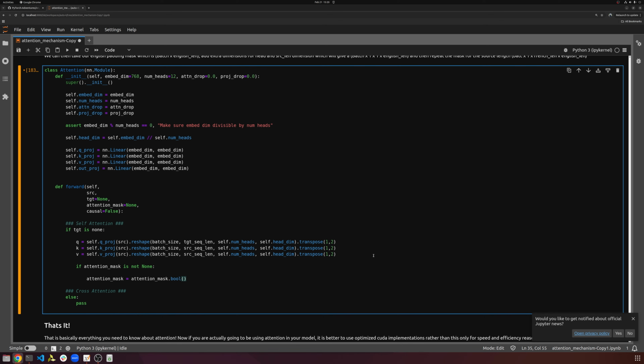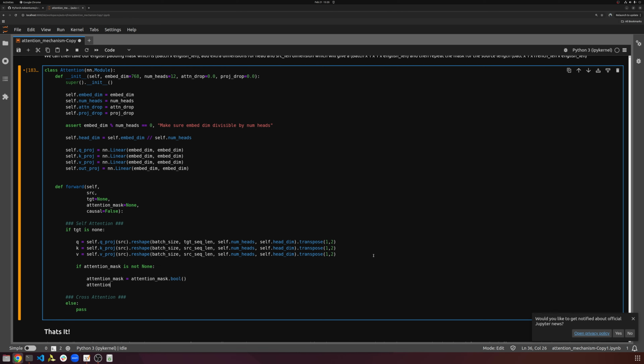I'm again assuming, we'll actually look at the documentation in just a bit. But just like before, we need to do attention mask is equal to attention mask dot unsqueeze 1 dot unsqueeze 1 dot repeat 1 and it'll be source len.